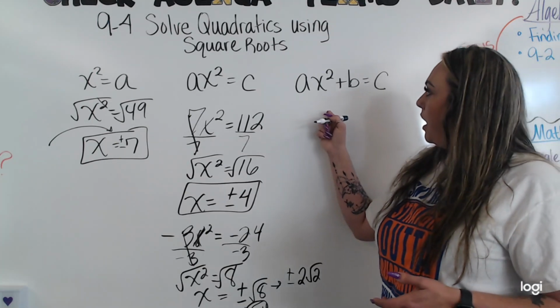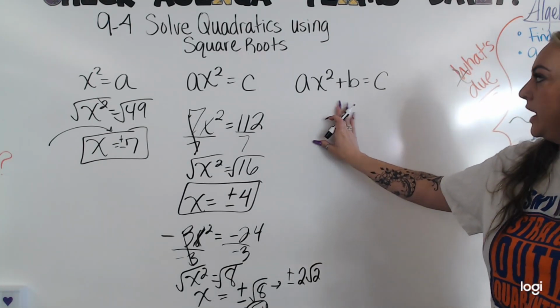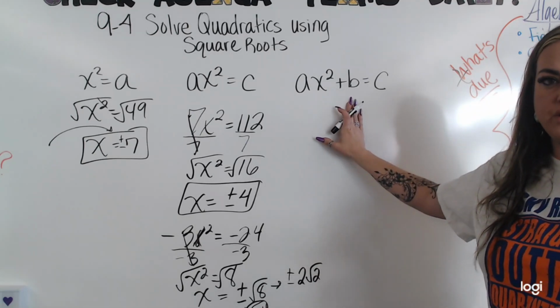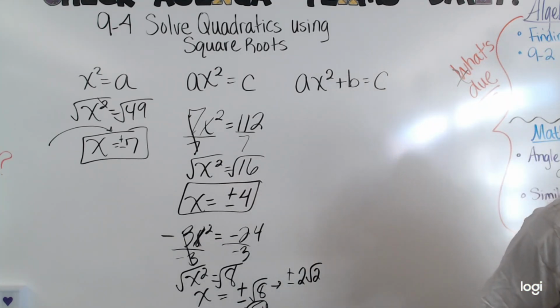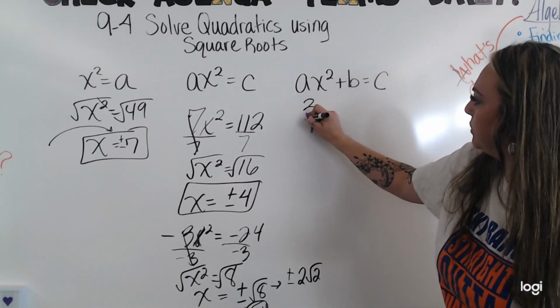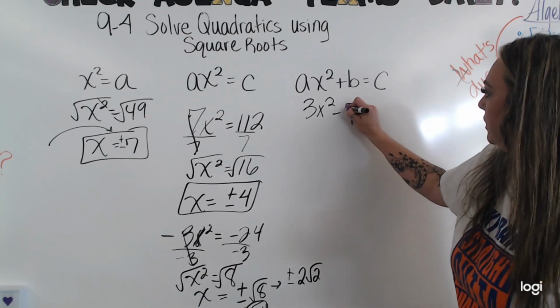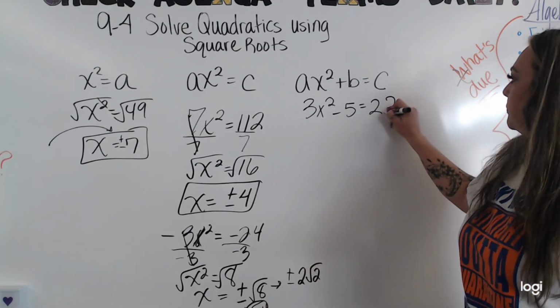Okay, what if we have, so this looks a lot more like standard form, but we have an A value that's not 1, and then we have a B value, and then it equals something. So let's look at a problem like that. Let's say 3x squared minus 5 equals 22.